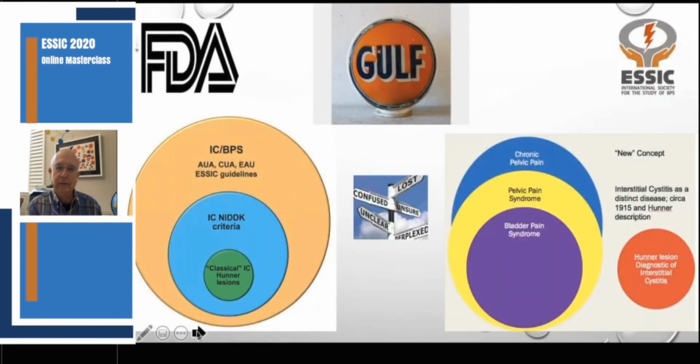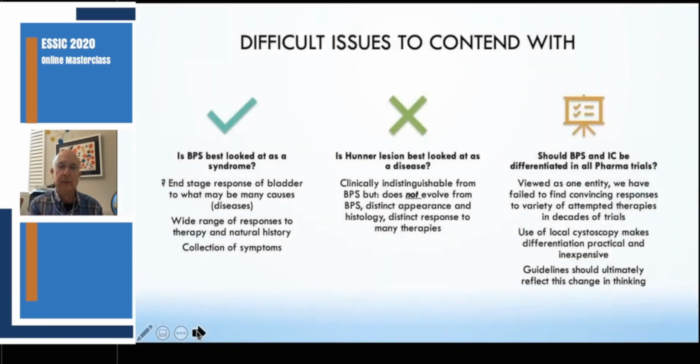So there's a major gulf between the FDA, which includes Hunner lesion classical IC as a part of IC-BPS, and the world right now, which basically has concluded that Hunner lesion is diagnostic of interstitial cystitis, or you could call it Hunner lesion disease, and bladder pain syndrome is a separate syndrome, purely clinically based on symptoms and not related to Hunner lesion, other than for the fact that the symptoms are similar.